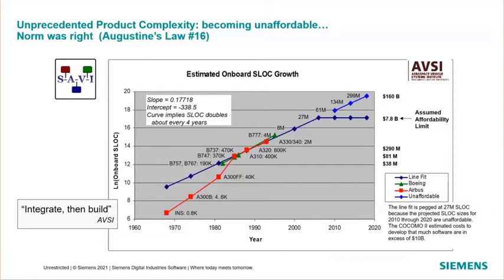One is called System Architecture Virtual Integration, in which they've been gathering various measurements or metrics on complexity in aircraft. You can see this one they're looking at is source lines of code. You can see what it's doing, and according to using Barry Boehm's software economics, he says that we've reached the level of unaffordability on these airplanes.